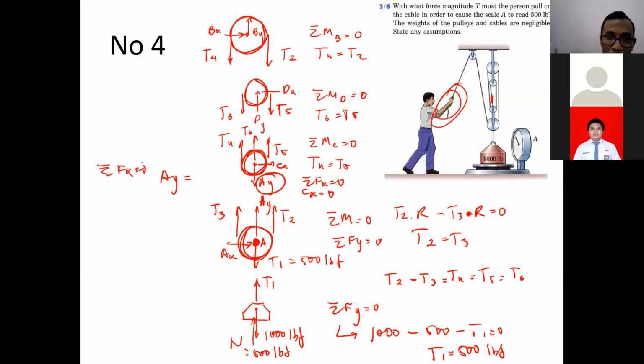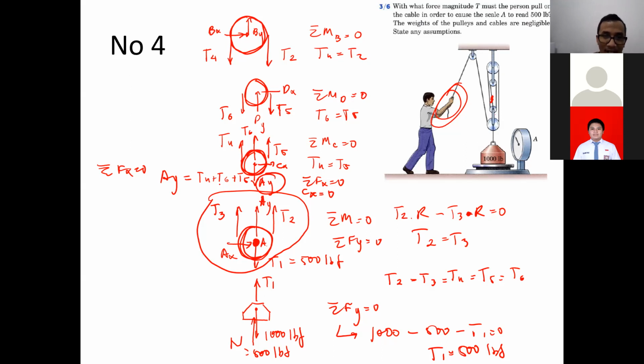And Ay there will be the summation of T4, T6, and T5, everything is going up. So Ay will be T4 plus T6 plus T5. Now let's take a look at this particular free body diagram. Ay there is going up, and it's supposed to be the same as T4 plus T6 plus T5.